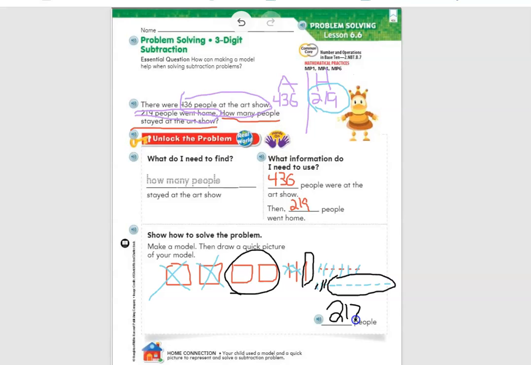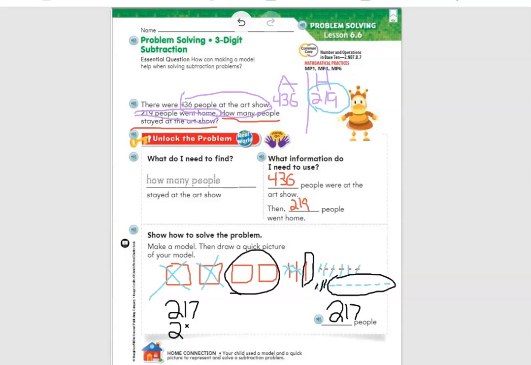And you know what? You are a super smart second grader who already knows how to add 3-digit numbers. So when you finish and you draw your model, this is what you are going to do to check your work. You're going to take your answer, 217, and the number you subtracted, right here, 219.